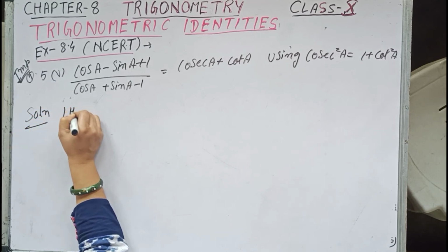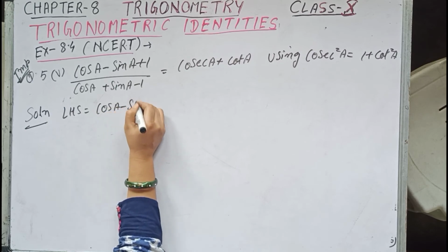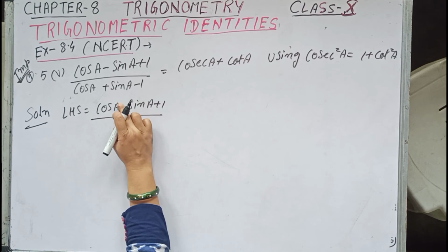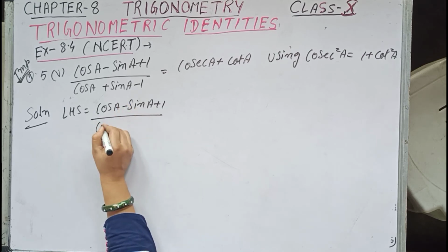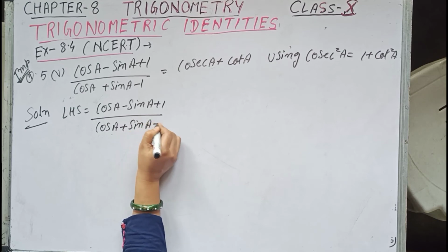Solution. LHS equals (cos a minus sine a plus 1) by (cos a plus sine a minus 1).